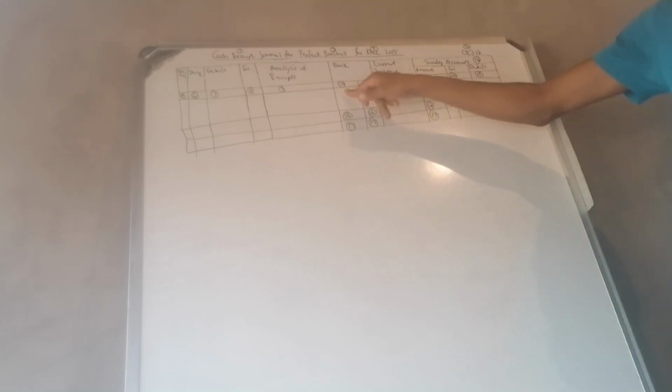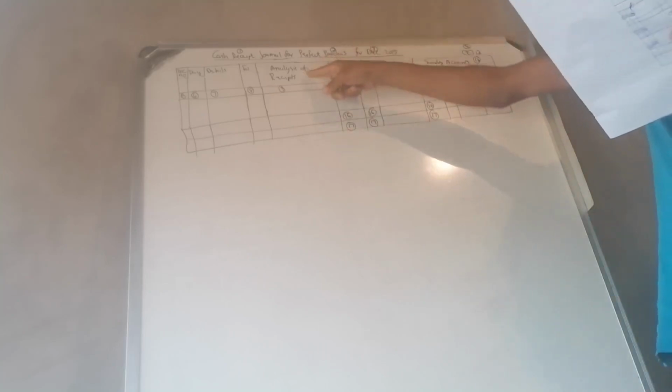All right, and then number 10, the amount of money paid into the bank account at the end of each day, which is the total of all receipts above it. At the end of the day, we are counting the money and then depositing that money into the account that we have.